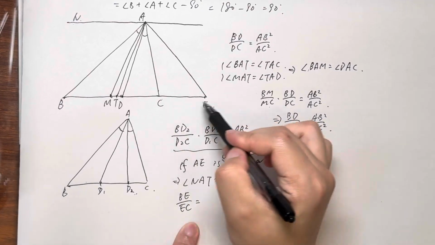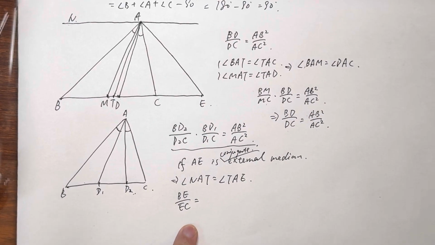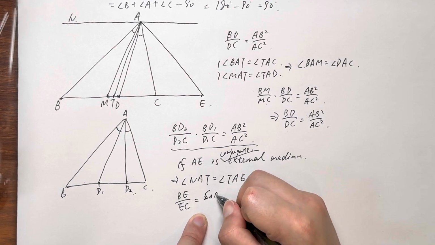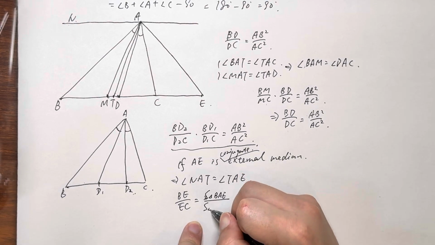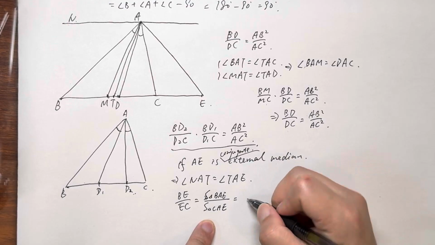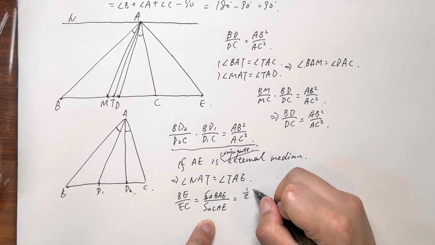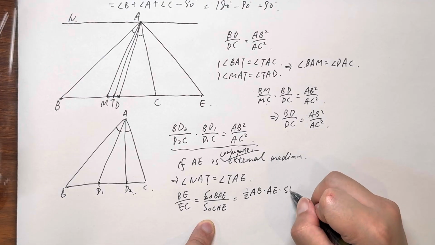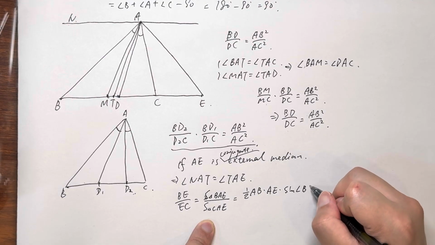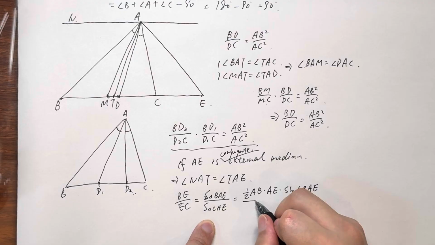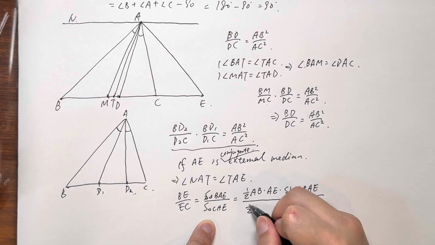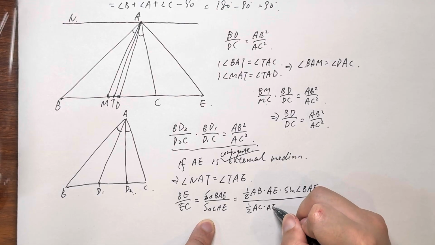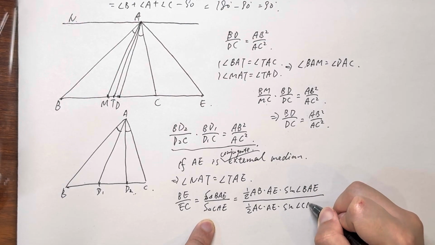BE to EC equals to the area of the triangle BAE to the area of the triangle CAE, which equals to half of AB times AE times sine angle BAE, divided by half of AC times AE times sine angle CAE.